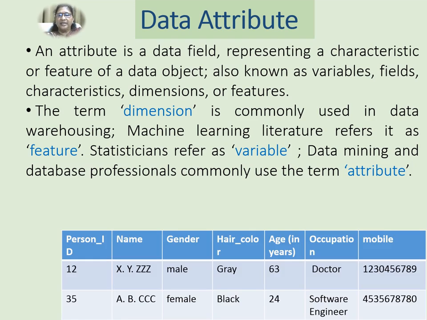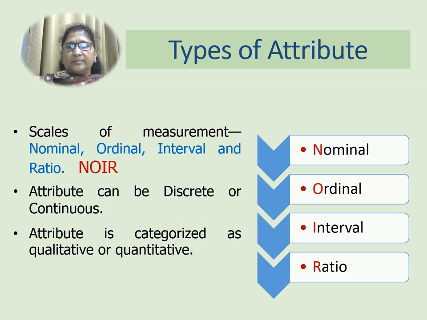If you look at this table, then the rows are representing data objects and the columns are representing data attributes. The values which are stored for each variable, for each attribute, are also referred to as scales of measurement, and they are categorized as nominal, ordinal, interval, and ratio.